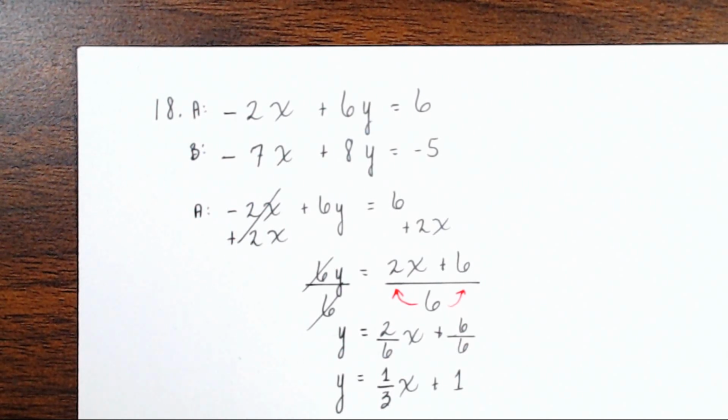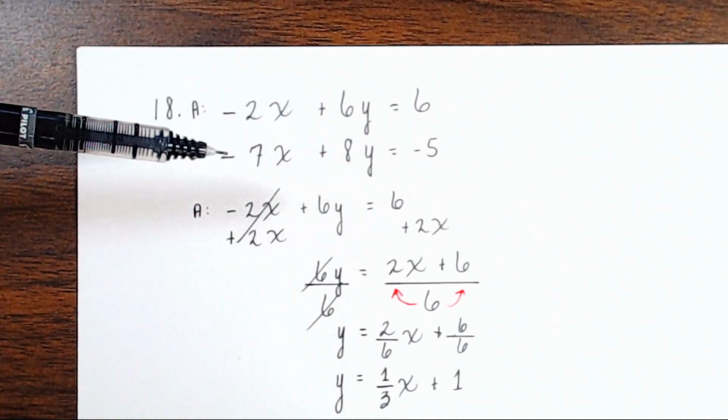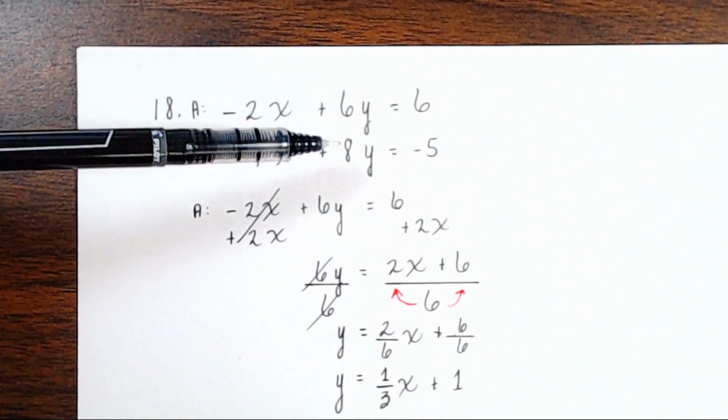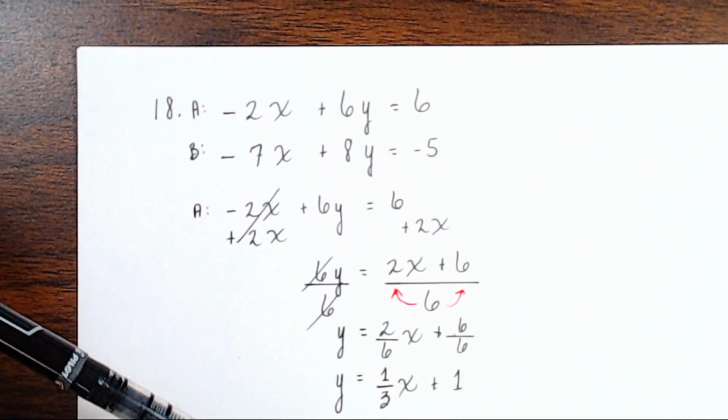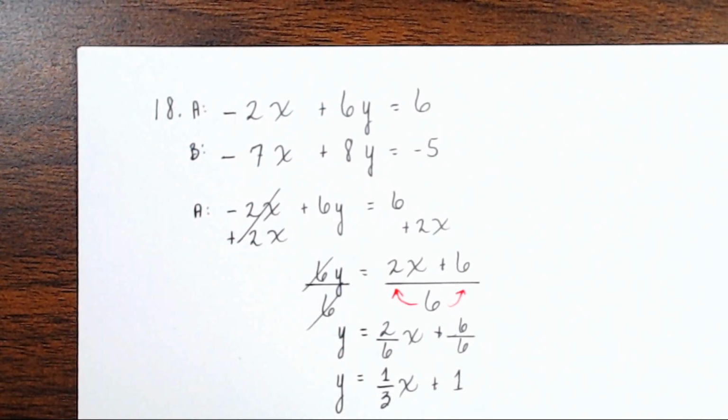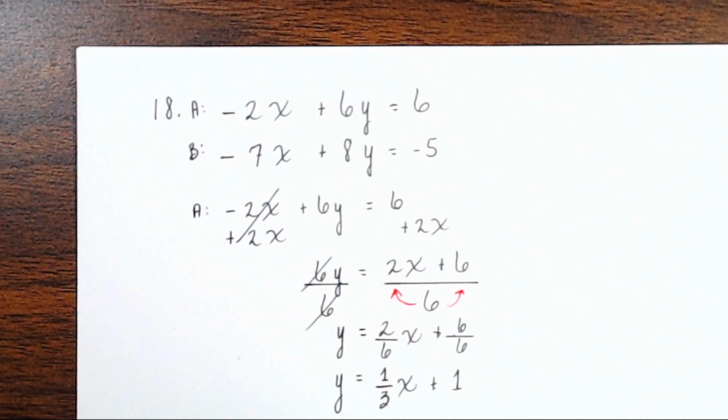Or path B: I solve the B equation for y, and then I set both of those y's equal to each other, which is the way we've been doing it. That's not elimination, that's substitution.